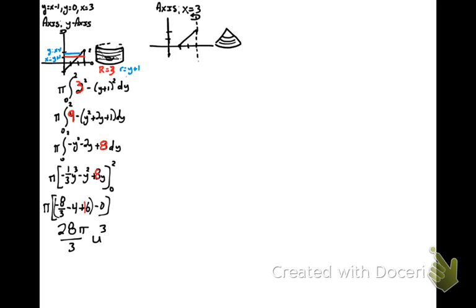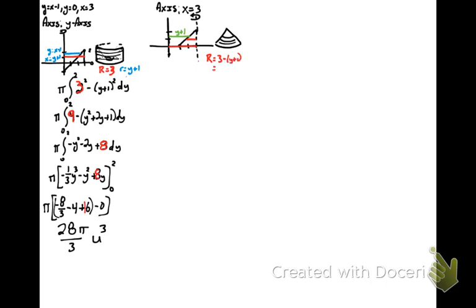Let's find big R and not make a mistake this time. Big R is the distance from the outside to the axis of rotation. And this piece here, big R, is a combination of a couple things. It's 3 minus this part, which we know from the last problem is y plus 1, which means that big R is 3 minus y plus 1.